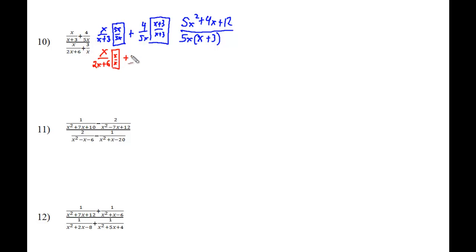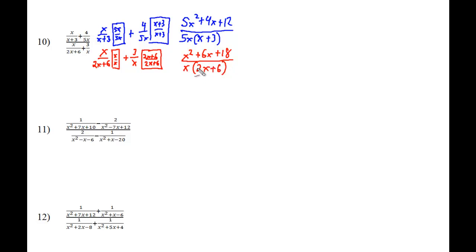And then we're going to add to that 3 over x, which is going to get multiplied by 2x plus 6 over 2x plus 6. So to do my distribution, that's going to give me x squared in the numerator. 3 times 2x is going to be 6x, and 3 times 6 is going to be 18, all over x times the quantity of 2x plus 6.